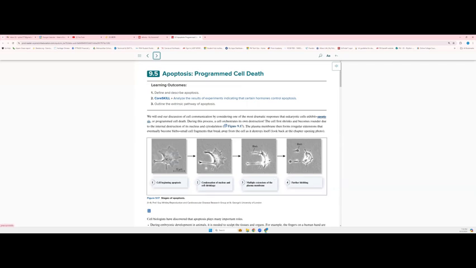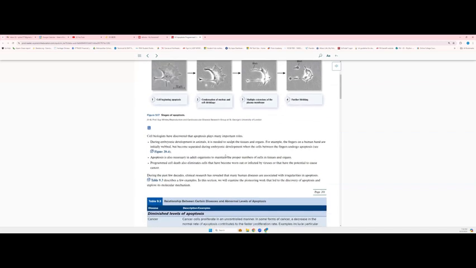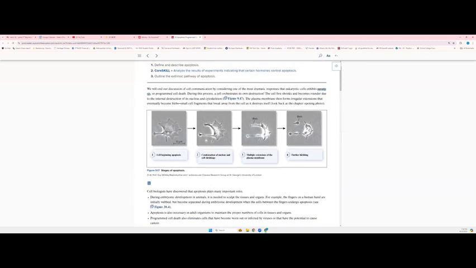It breaks into several parts and then the cell is destroyed. This is called apoptosis.